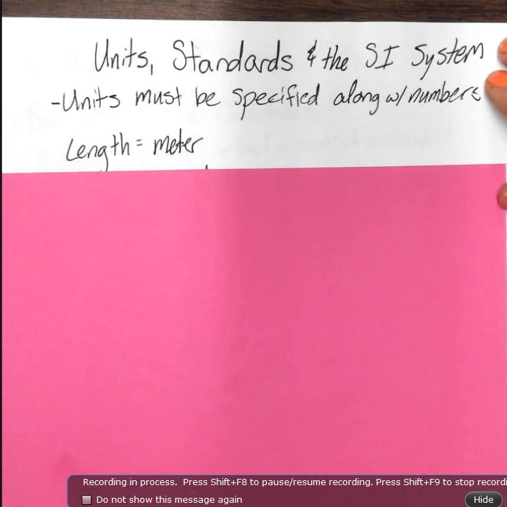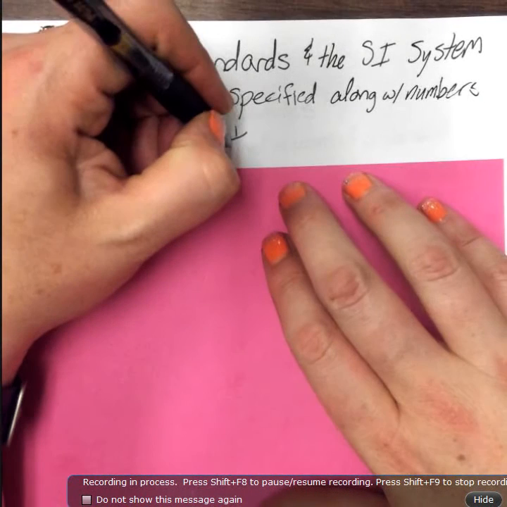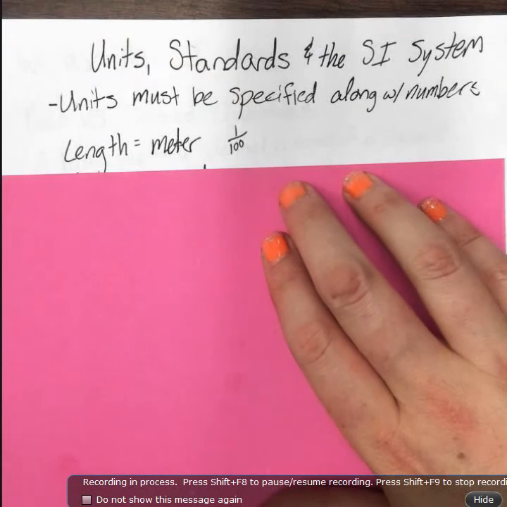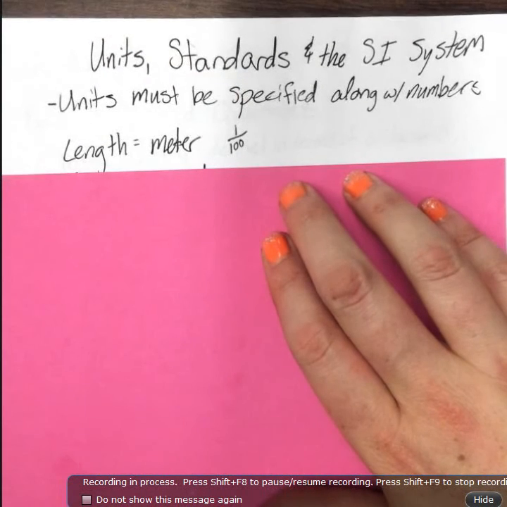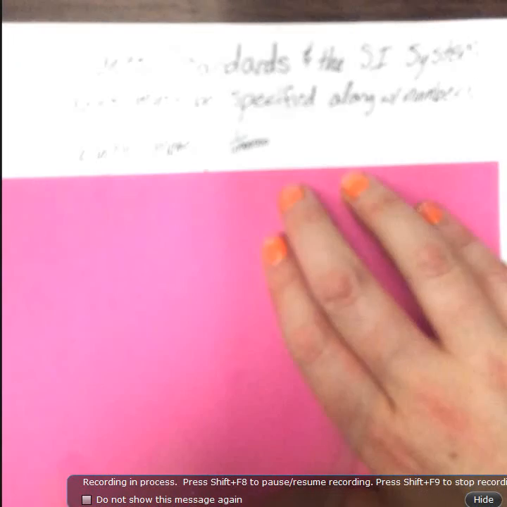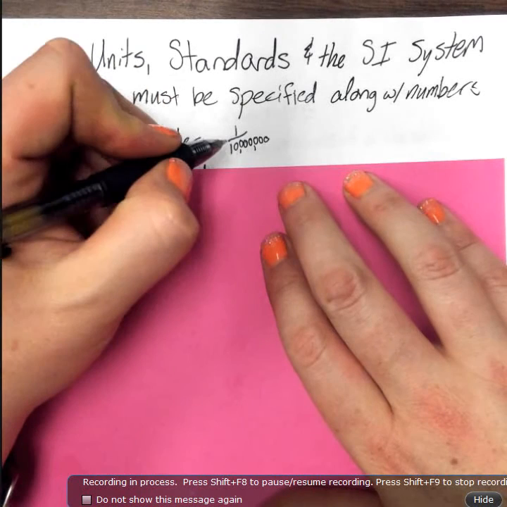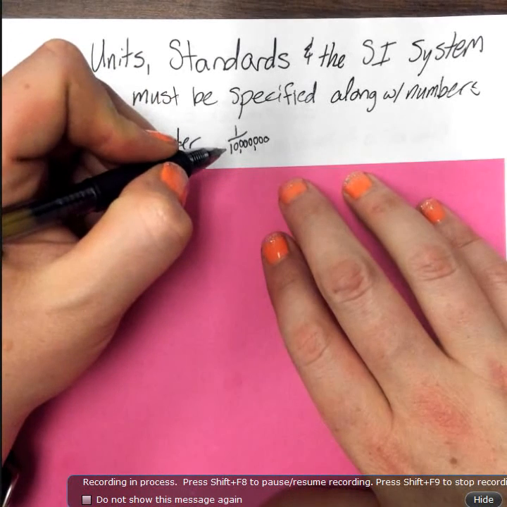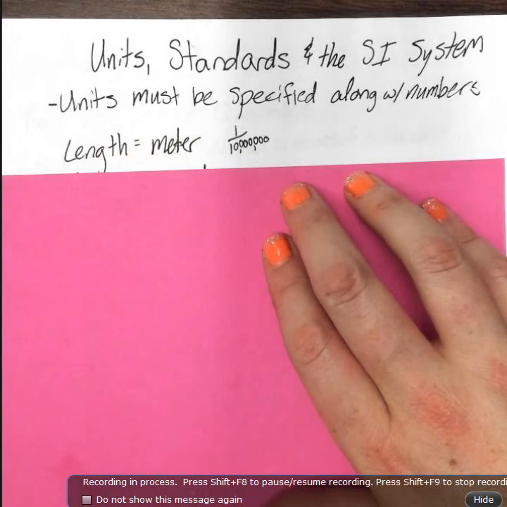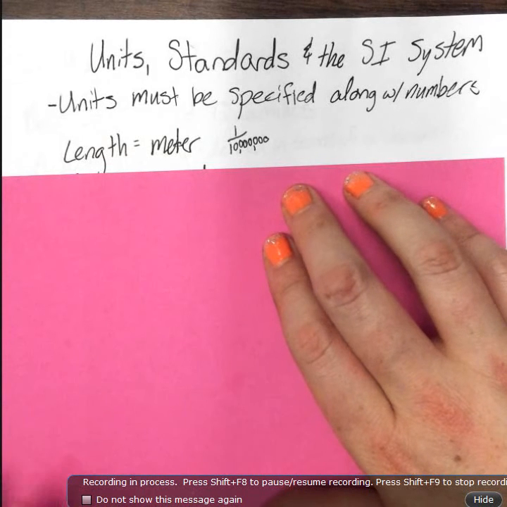It was a 1/10 millionth of the distance between the equator and the pole where the meter originally came from.